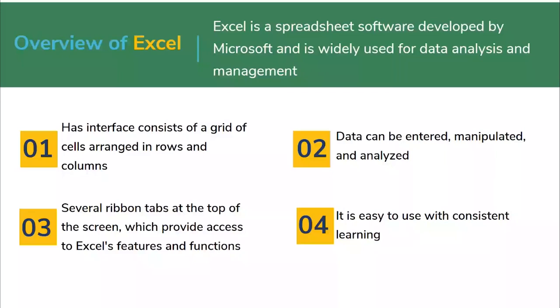So it has an interface which consists of rows and cells, and that will be seen in a bit. It can be used for data entry, for data manipulation, and also to analyze data. It has several ribbons and tabs, and these ribbons and tabs are there for us to use to manipulate our data and also to do some analysis.